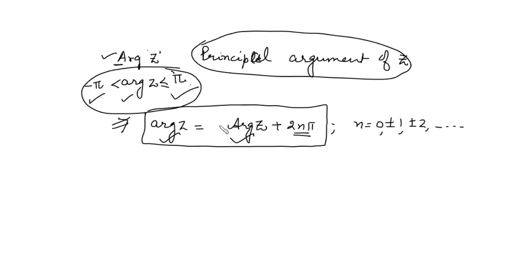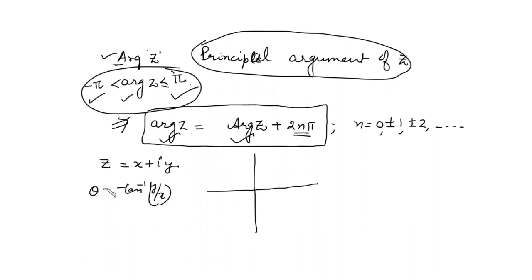Now just see how to find out the principal argument if a complex number is given to you. We know that this is your theta. So if your z has x and y both positive, it lies in the first quadrant, or if it lies in the fourth quadrant, your x is positive. So whenever your x is positive, whatever the sign of y, this complex number lies in the first quadrant or in the fourth quadrant.